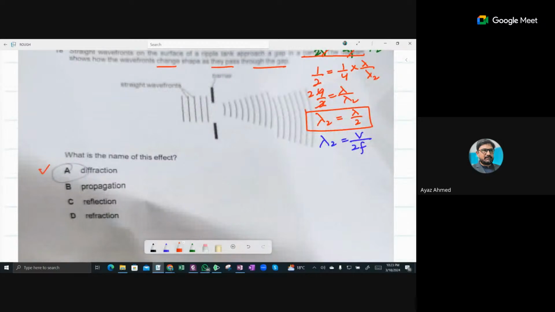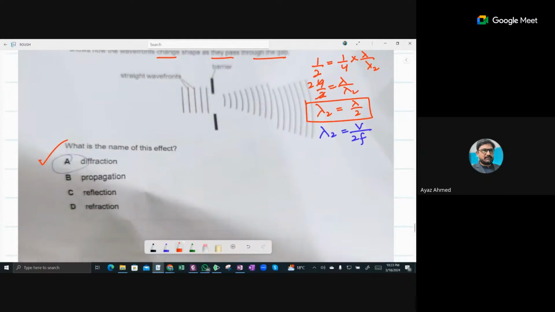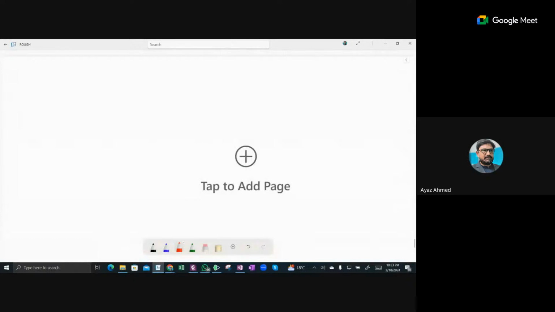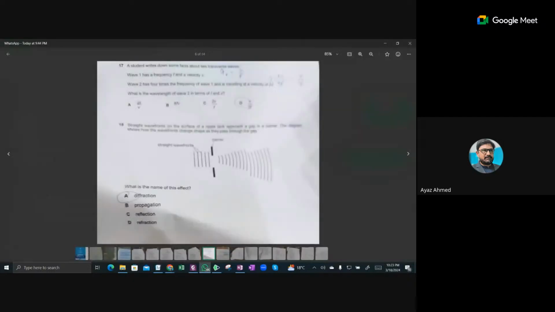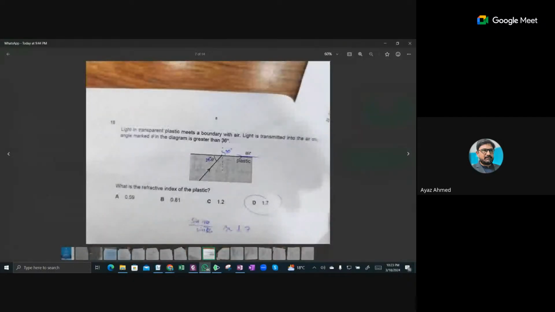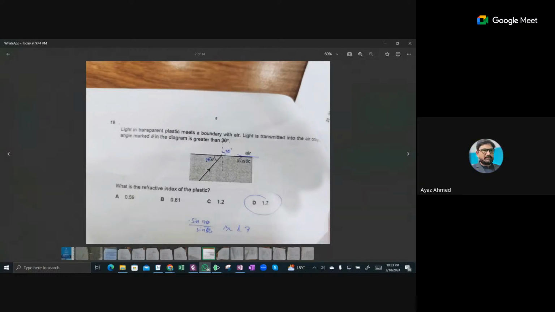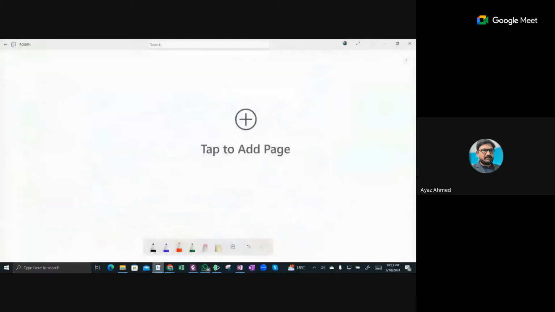This is very simple. It is diffraction. Diffraction is bending of waves when they pass through a narrow slit or an opening. This is the only question you sent me on this page, because the page had one question.